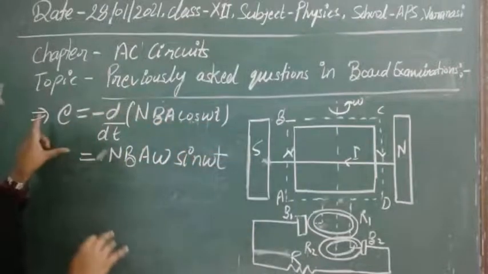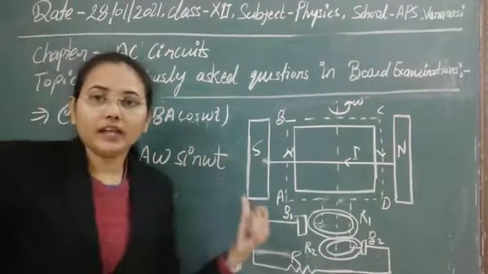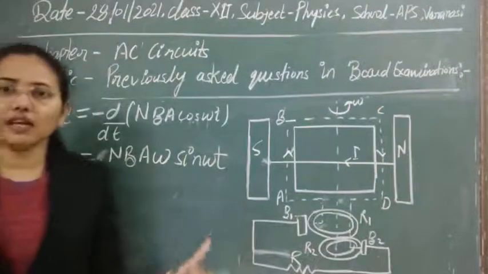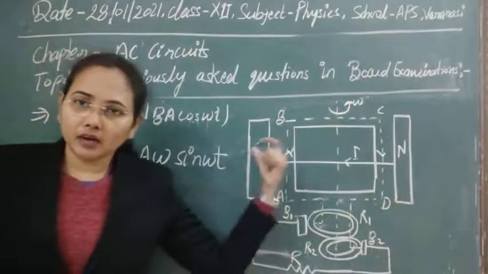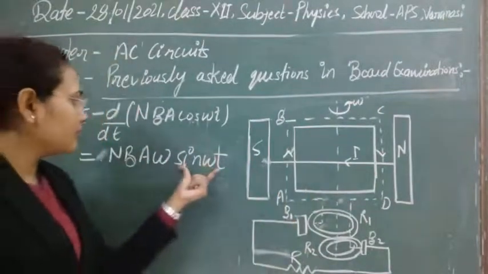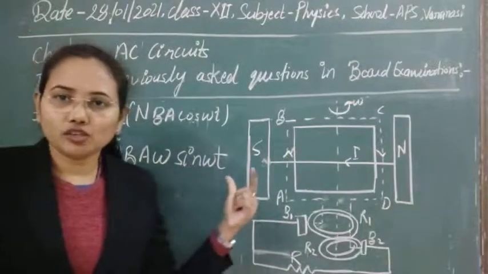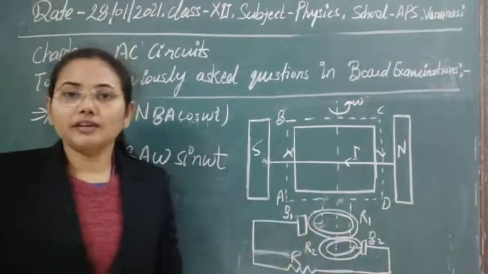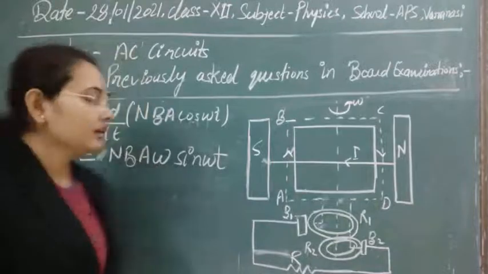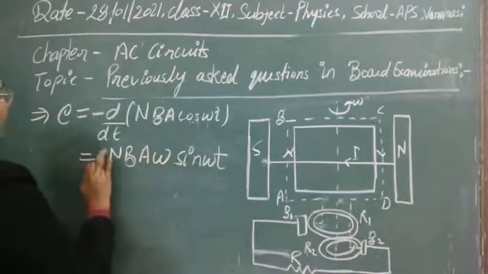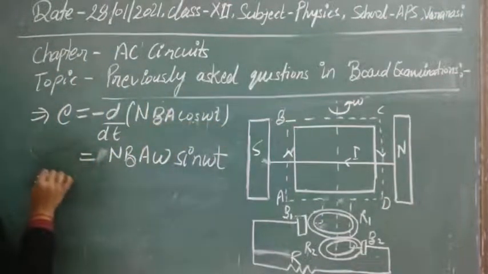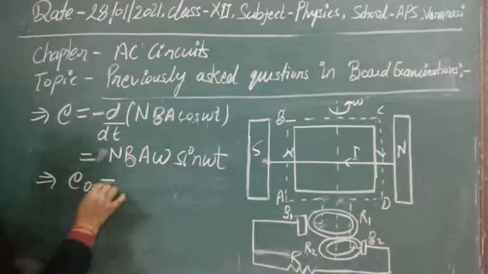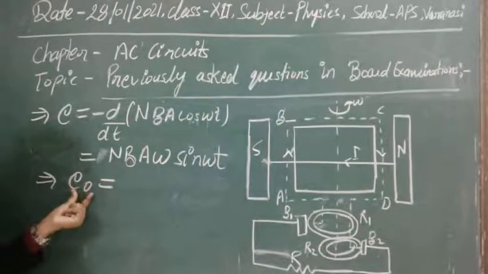And suppose we have to find the maximum value of EMF through this AC generator. Obviously the value of sine omega t should be maximum, and the maximum value of sine omega t is plus 1. With the help of that we can find it. Suppose the maximum value of EMF is denoted by E0.